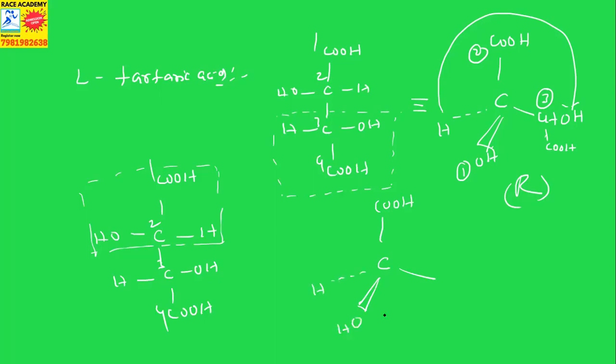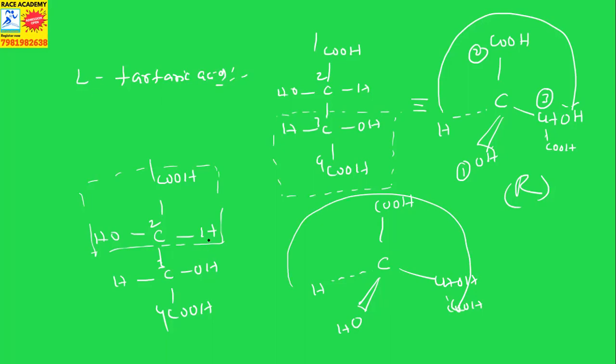Here we are getting OH only, CHOH, COOH. So this is L-tartaric acid. When you observe R and S together with the number of asymmetric carbons, how many configurations does L-tartaric acid have here?